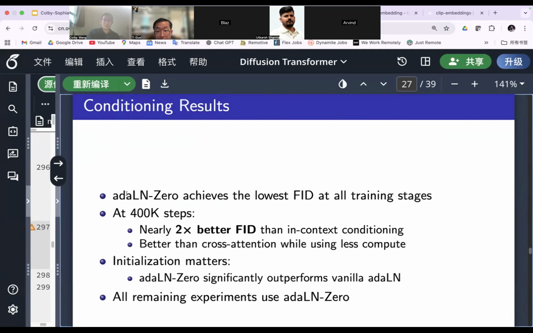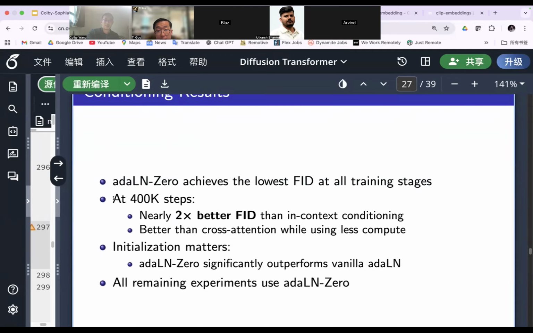They find that adaLN-Zero achieved the lowest FID at all training stages. At 400K steps, this is nearly 2 times better FID than in-context conditioning, and it's better than cross attention with less compute. For initialization methods, adaLN-Zero outperforms the vanilla adaptive layer norm. So they decide that all the remaining experiments will use this variant.